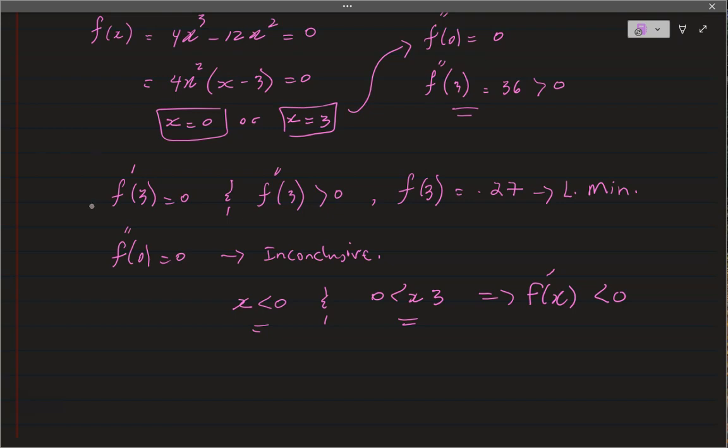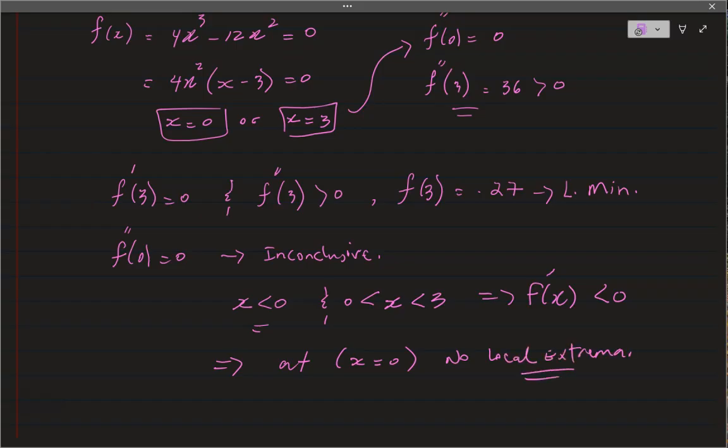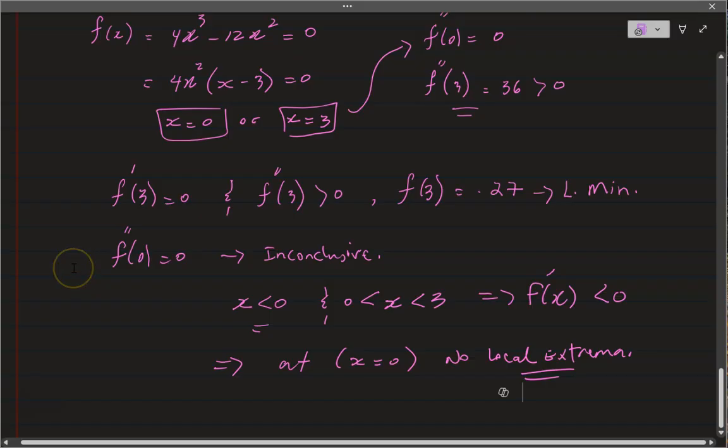And what does that tell us? Well, that tells us that at x equal to 0, there is no local extrema. We have neither a minimum nor a maximum value there.